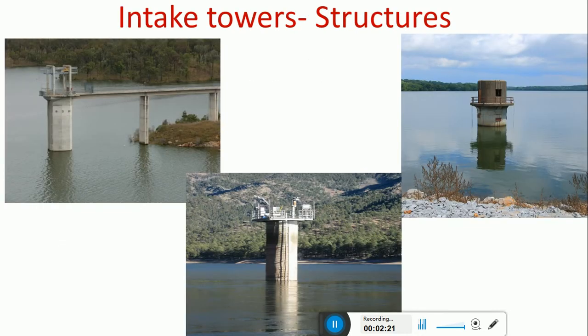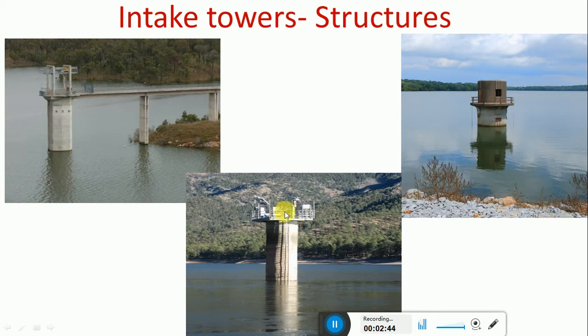Normally these intake structures look like this. You can see here, these are located in the water bodies. And this is the one in your own city, in Davangere, near the TV station reservoir. Here water is collected through these intake structures.